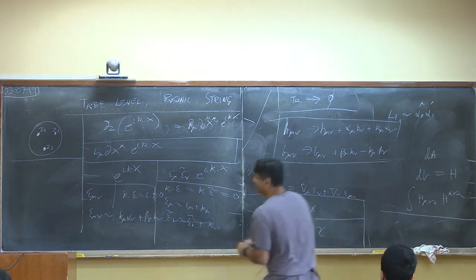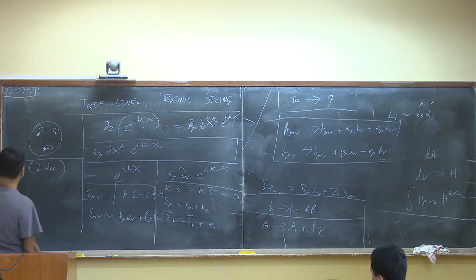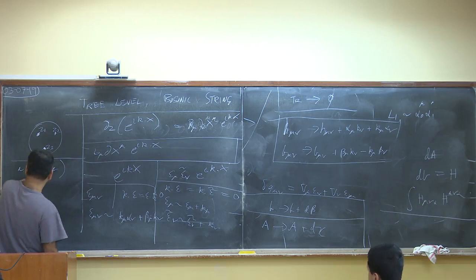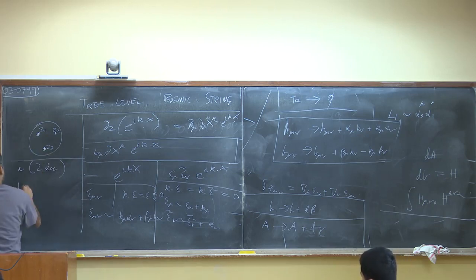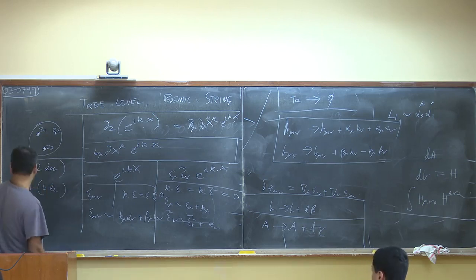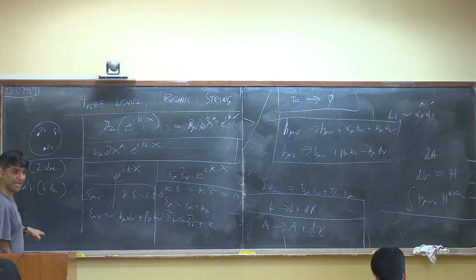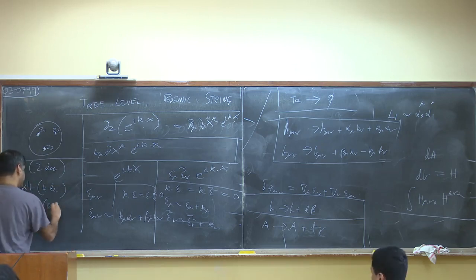What you can get is A times 2 derivatives. Let's work in a normalization in which A is dimensionless. If there's some alpha prime for A, we take it outside overall. Plus alpha prime B times 4 derivatives, because it has the same dimensions. So B has to be a pure number. Plus alpha prime squared times C times 6 derivatives.